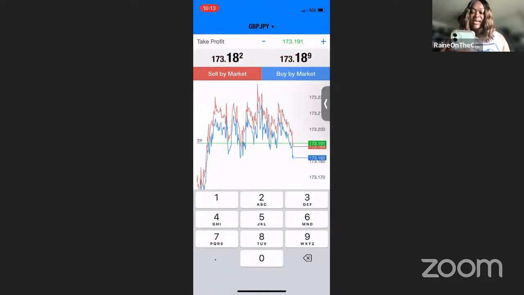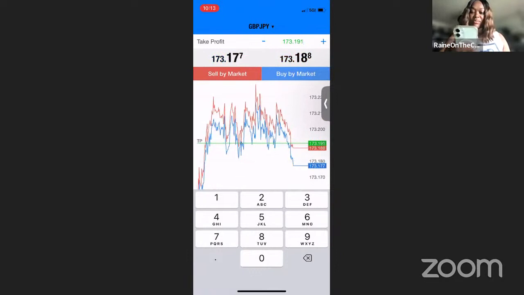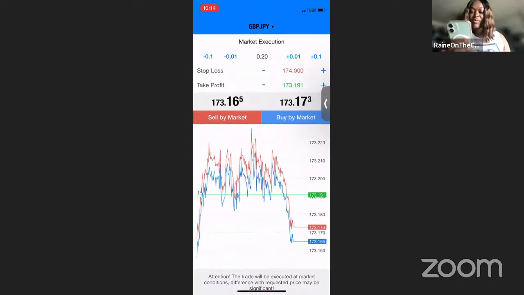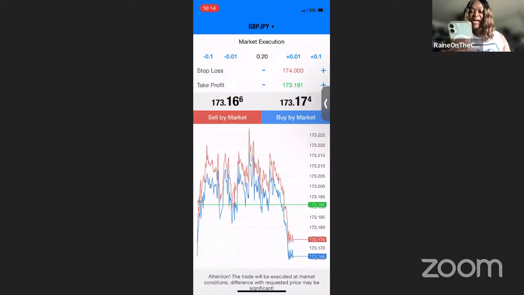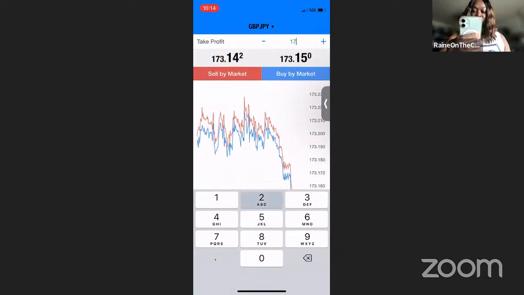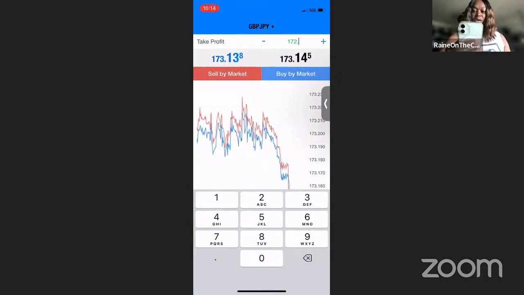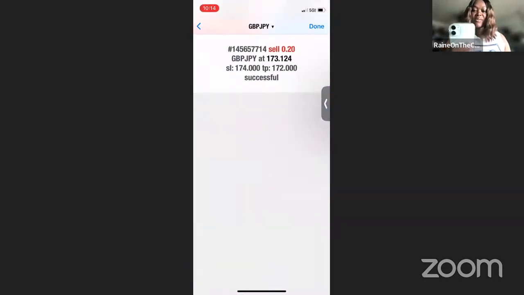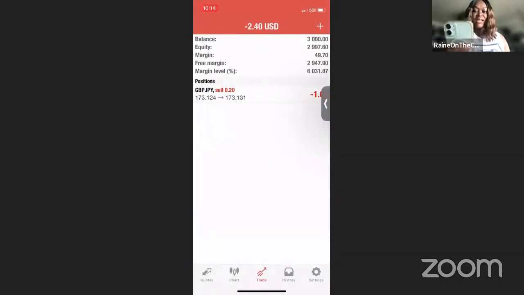I need to decide on where I'm going to get my profit. So let's say I put my take profit at 172. All I have to do now is hit sell by market, and I'm in that trade.